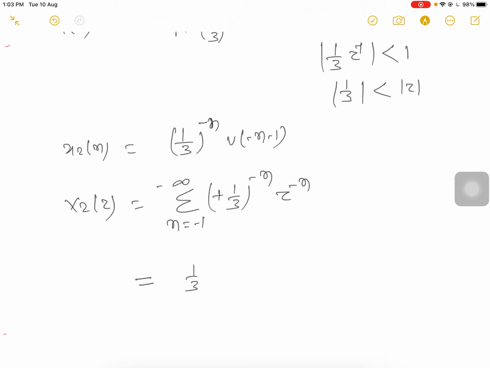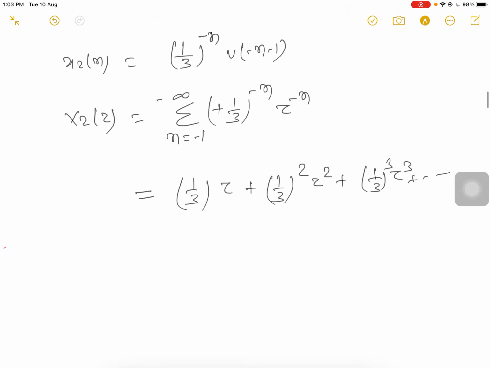When you take the negative sign, then it is 1/3 z plus (1/3)^2 z^2 plus (1/3)^3 z^3, like this way.